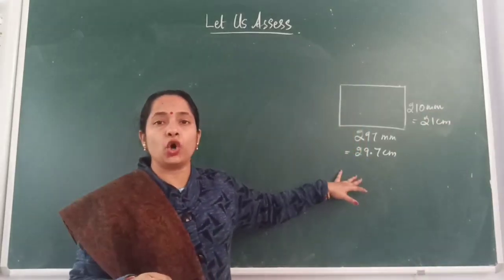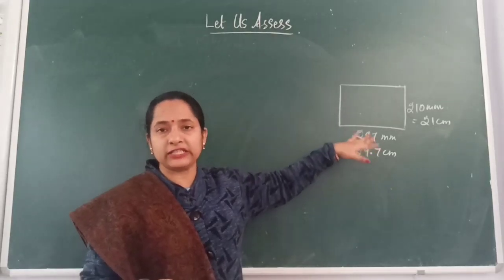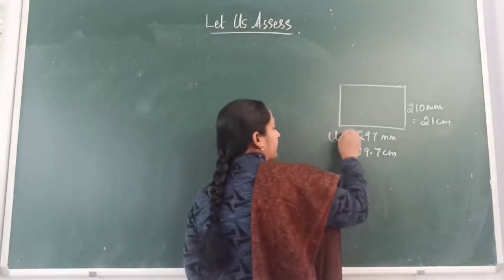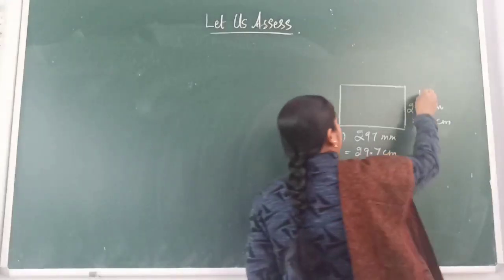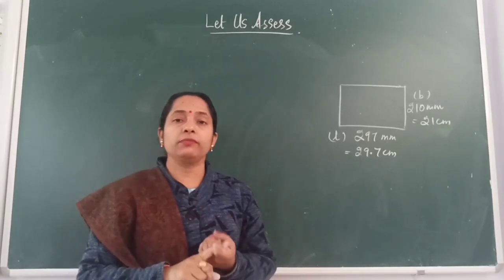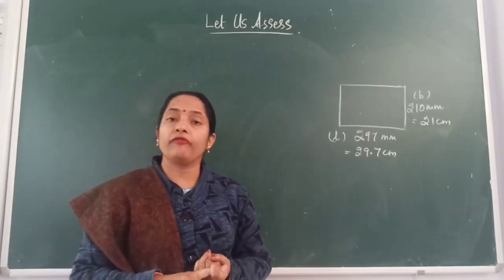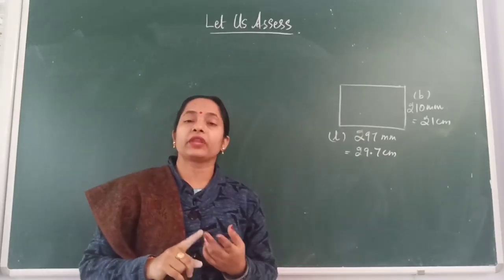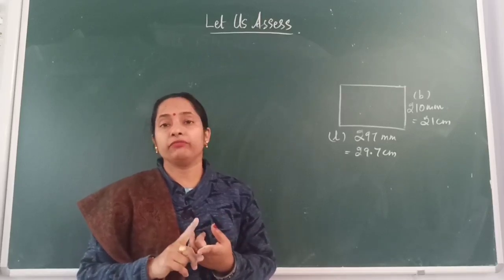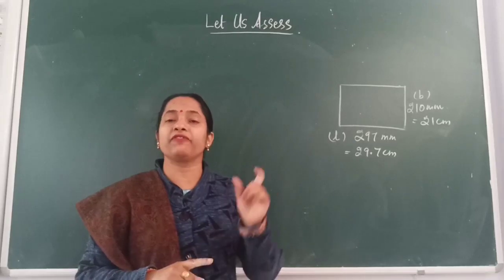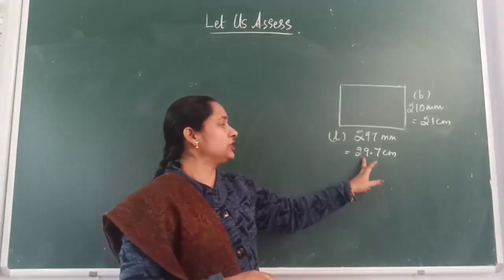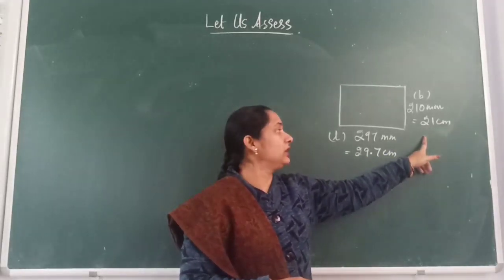So if you convert the given measurements from millimeters into centimeters, you get the length as 29.7 centimeter and the breadth as 21 centimeter.